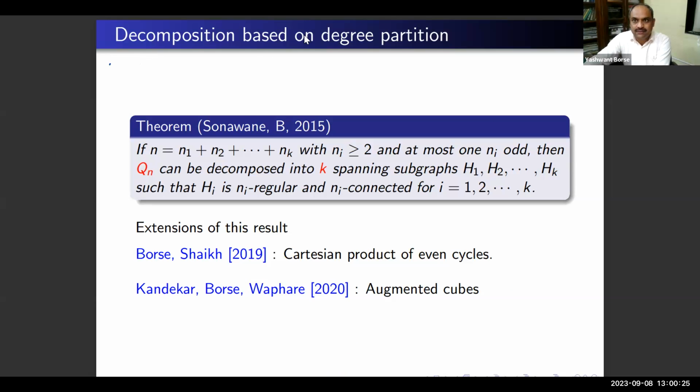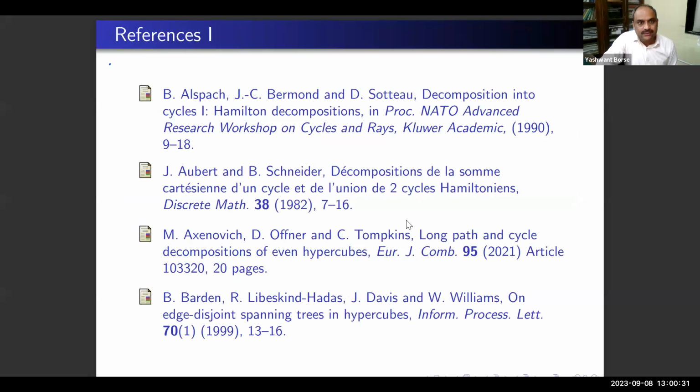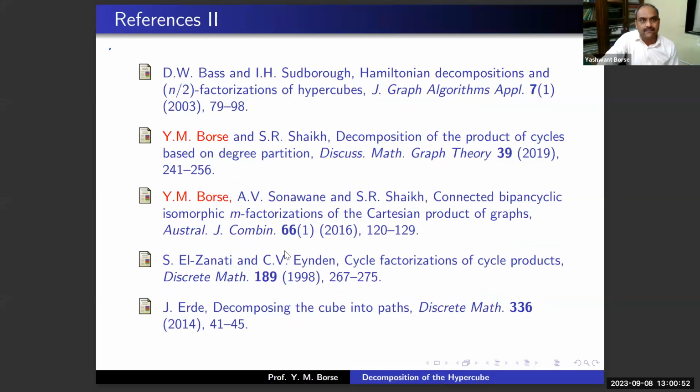References I will show. This is an important survey paper from which I got motivated to work on this. This is the paper I was talking about, a recent paper, which covers most of the cases of cycle decomposition. This is a paper of Borse.